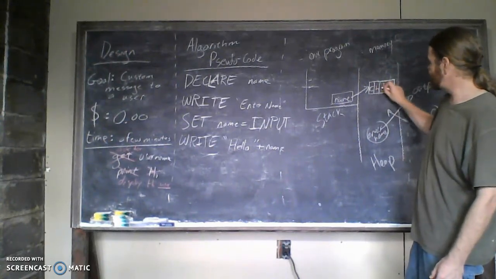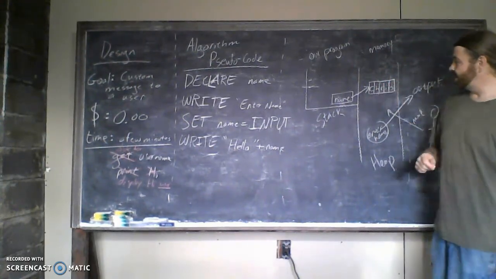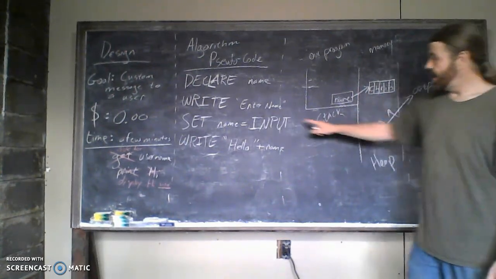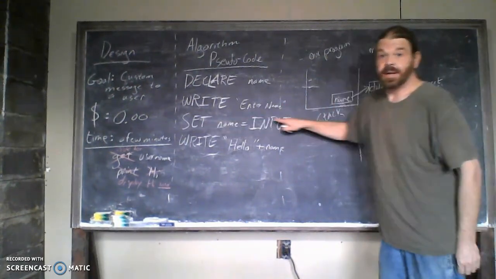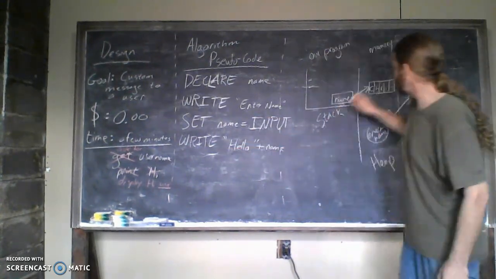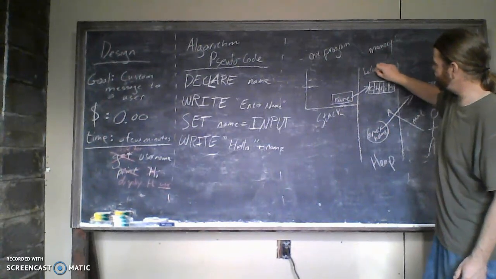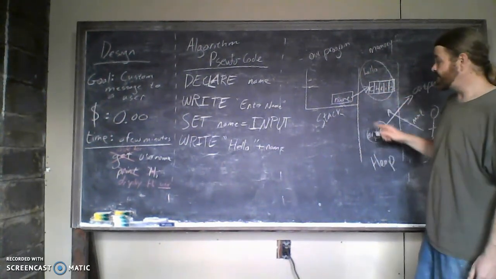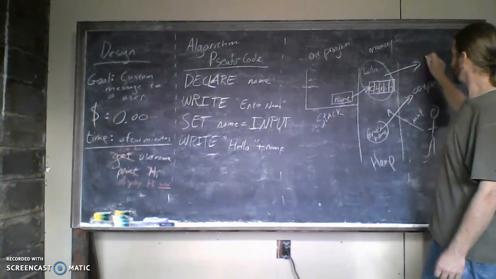In my case, puts the letters CHRIS in there. And then that's the set name to the input. Then the last line, it's going to output this. So the computer puts together the word hello, combines it with what's stored in that spot, and then outputs that.